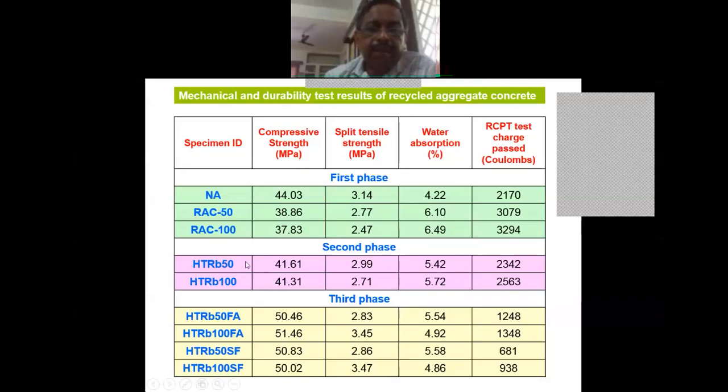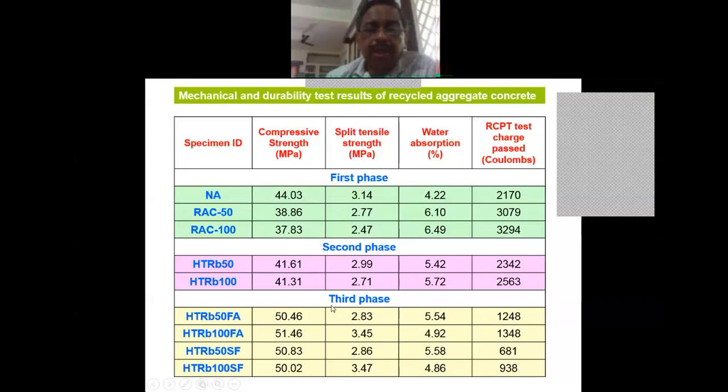When we adopted the heating and rubbing technique, treated aggregates were used. There is a reduction in water absorption, an improvement in the chloride permeability test, and an improvement in strength also. But it's not reaching the natural aggregate concrete.